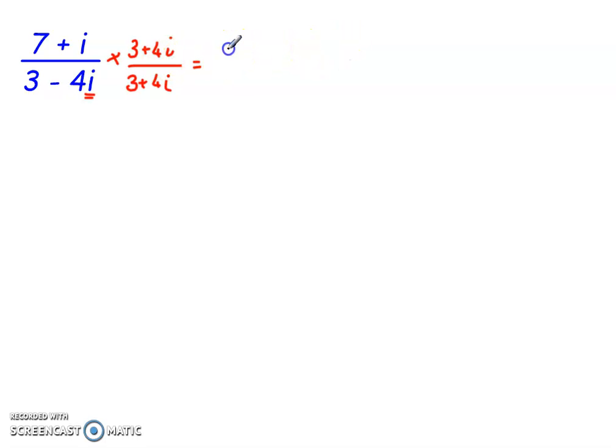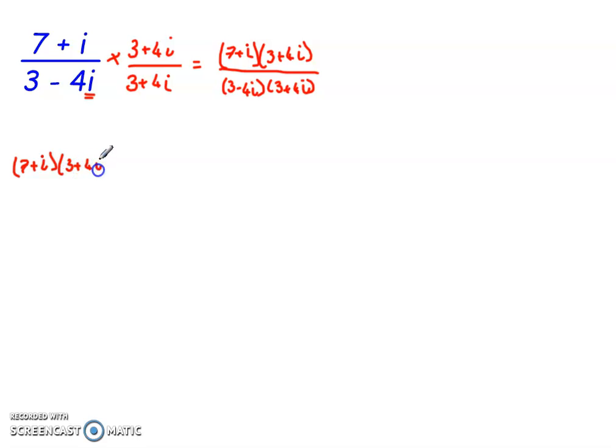So if I multiply these together, I get 7 plus i on the top times 3 plus 4i, and then on the denominator 3 minus 4i times 3 plus 4i. And what I can do is split top and bottom, calculate each of them, and then bring it all back together. So if I do my numerator first, I've got my 7 plus i, and I'm multiplying that by 3 plus 4i.